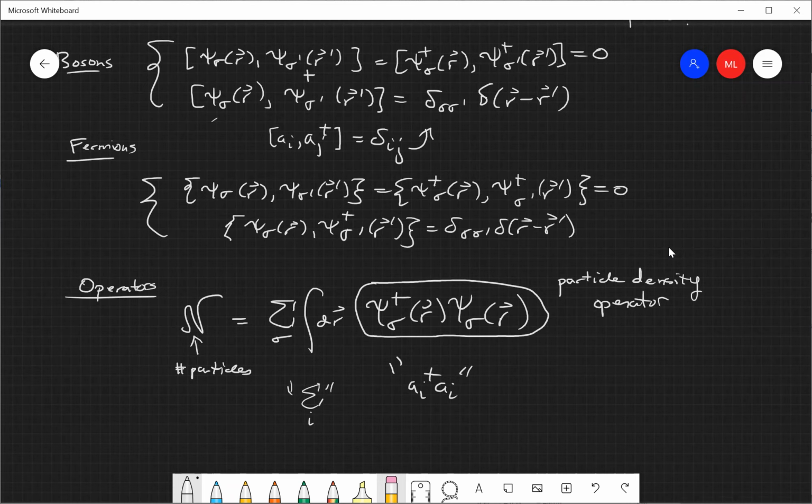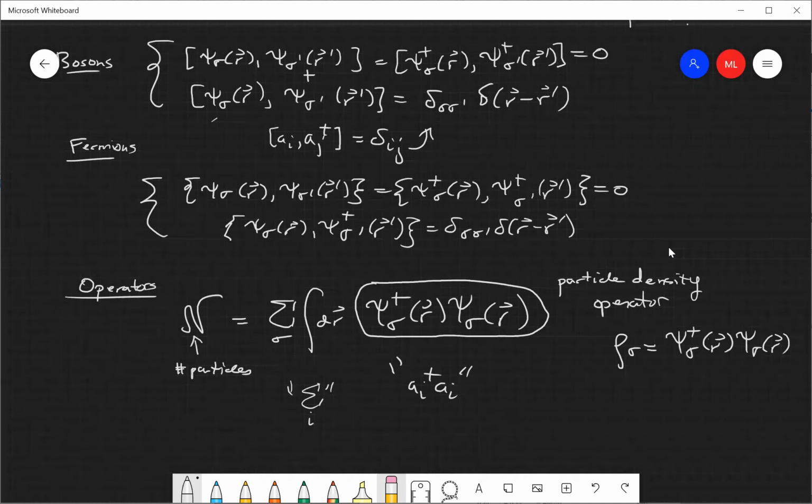Sometimes it's called rho sigma, for a particular spin state. Of course, this is the density of particles, that observable, for a particular spin state. It looks an awful lot like a probability density, like wave function squared, but it's not.